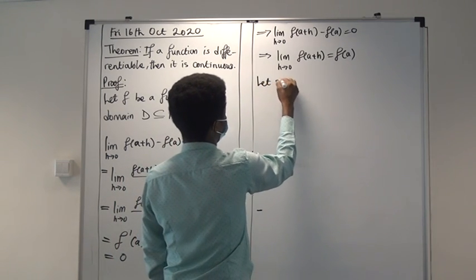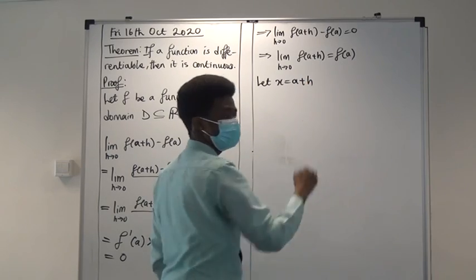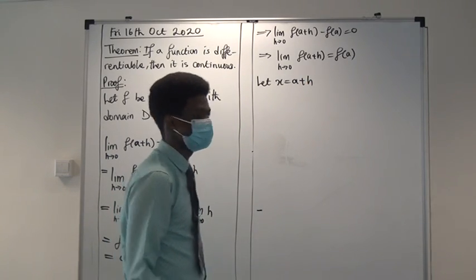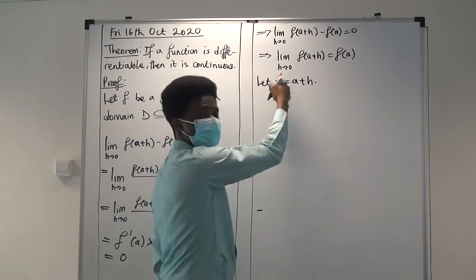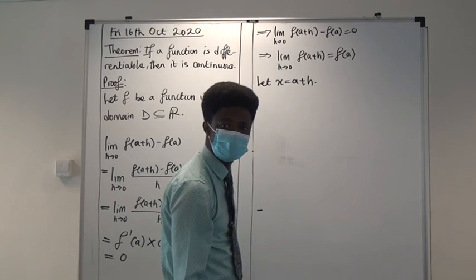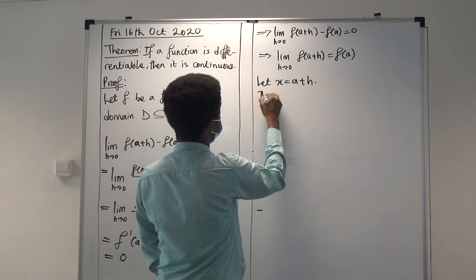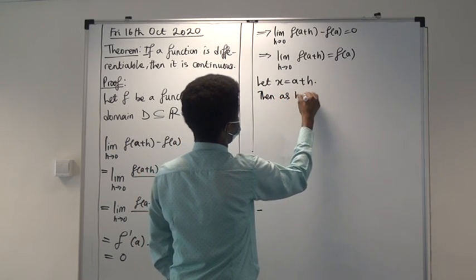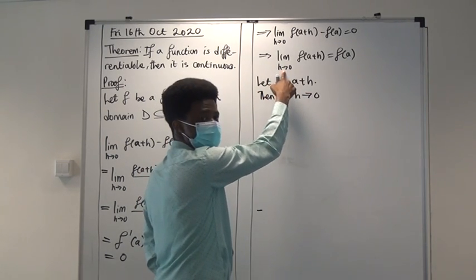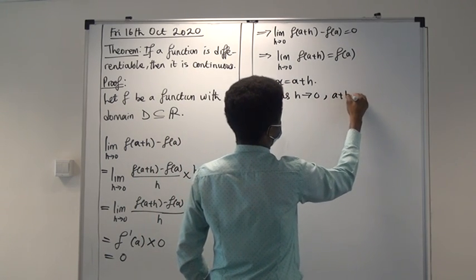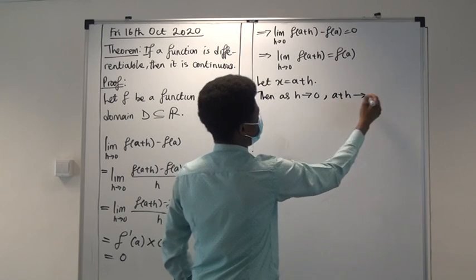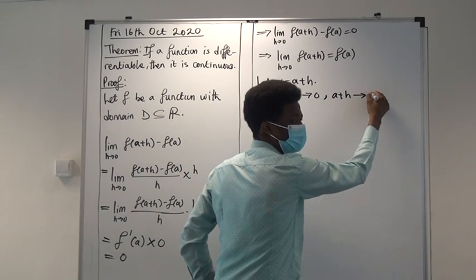Let x be a plus h. But even if we change this to x, the limit here should be in the form of x also, right? How do we do that? Then, as h tends to 0, which is the initial condition, where does this x tend to?